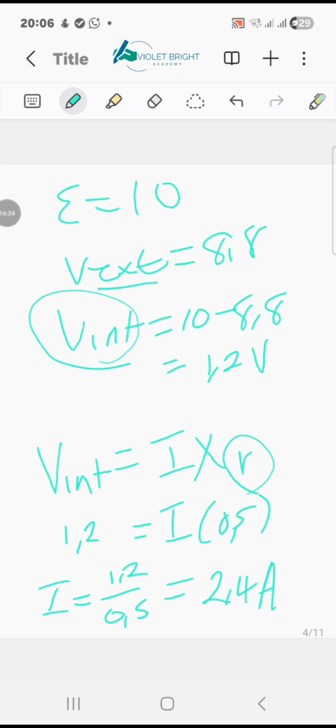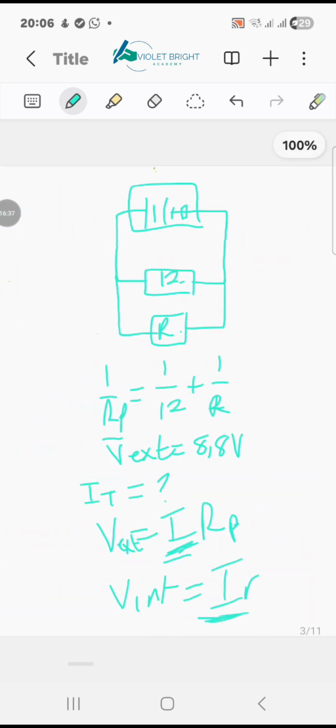So now we have found the total current, 2.4 amperes. We are going to use this 2.4 amperes here, so that we can find the parallel resistors.